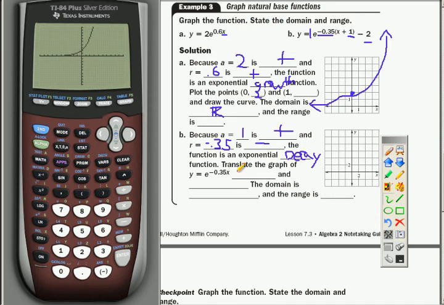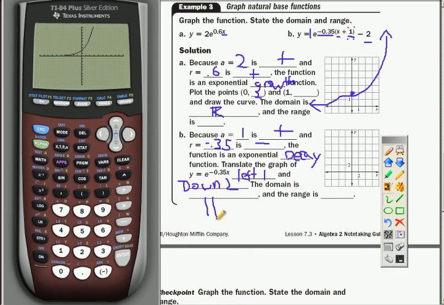You're going to take that original function, you're going to move it left 1 unit because of that plus 1 right up here. All right, and you're going to move it down 2 units because of that minus 2. The domain, is there anything I can't put in for x?